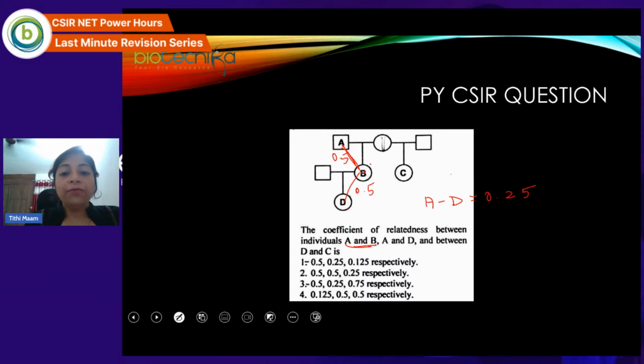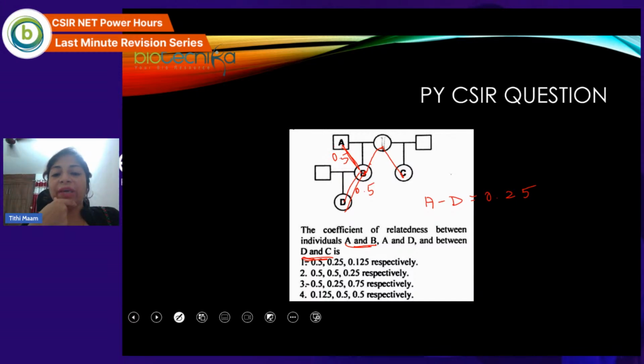All right. For D to C, now how do you move from D to C? Okay, so you go from D to B, B to this, and then you go from B to C, right?